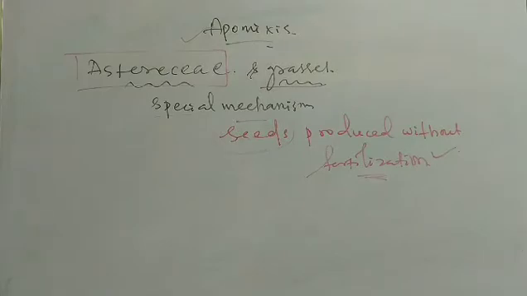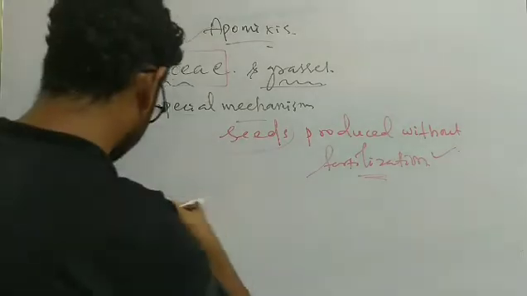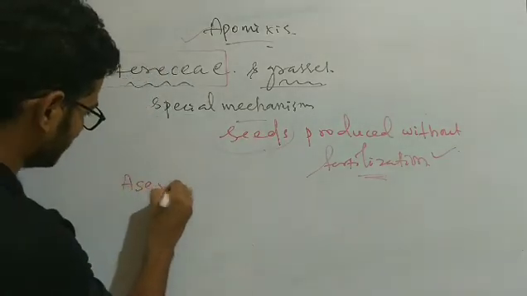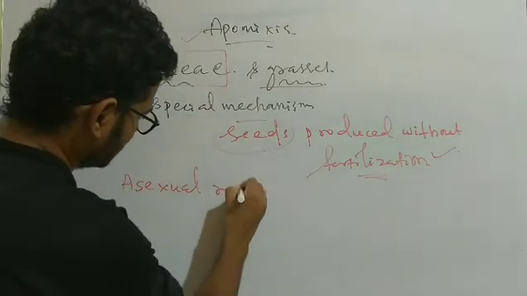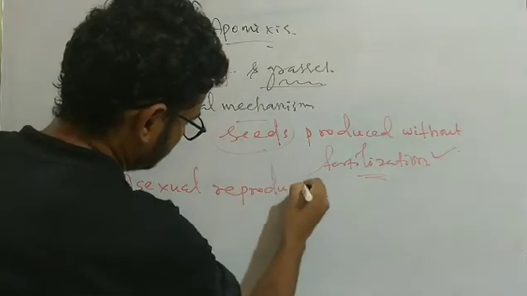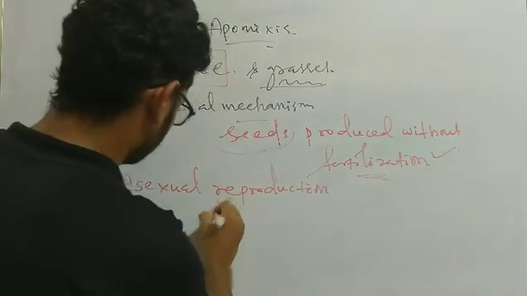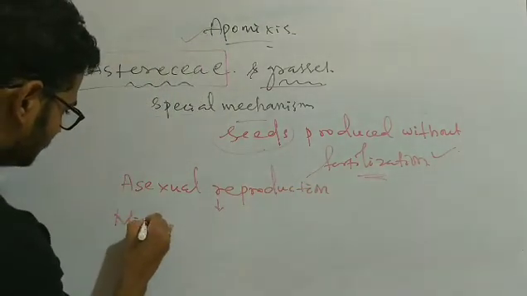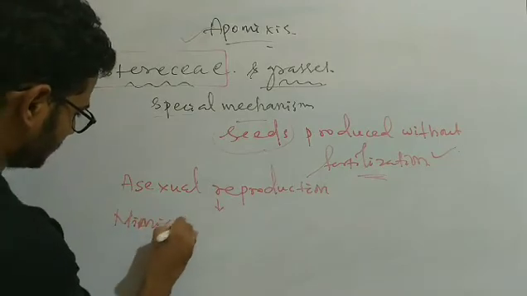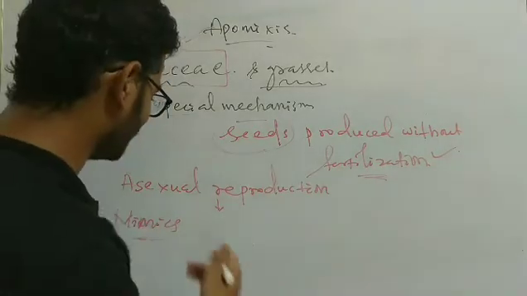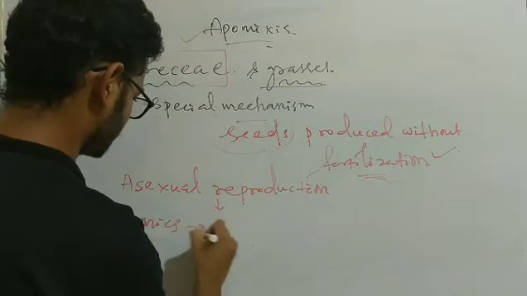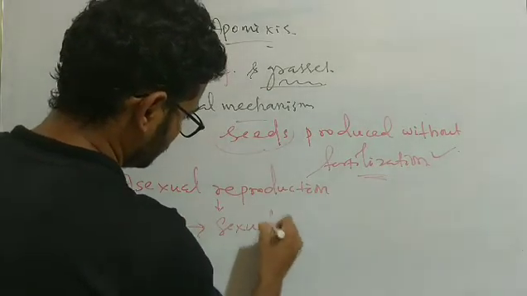It is a form of asexual reproduction that mimics sexual reproduction. Mimics means makes a copy. It seems like sexual reproduction, but it is a type of asexual reproduction.